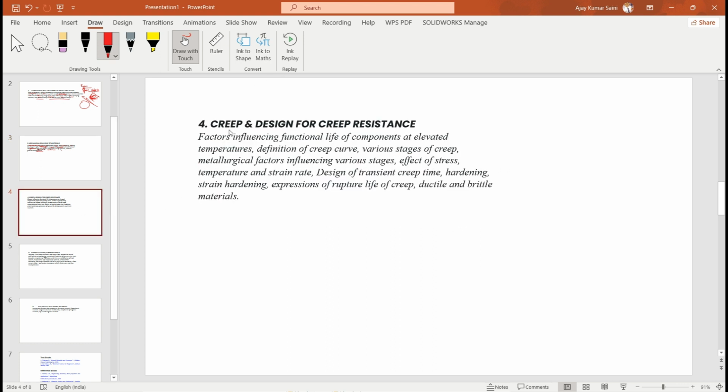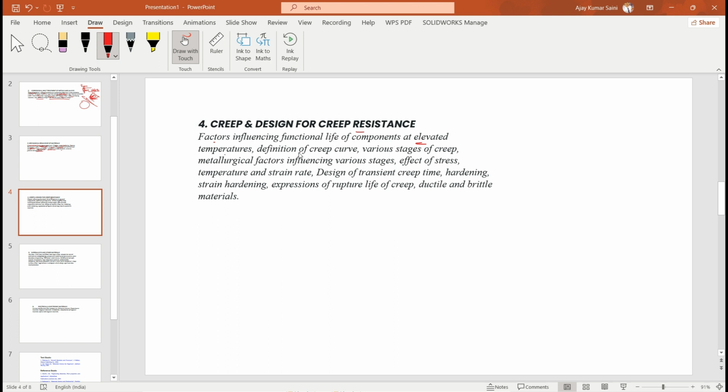And it is our chapter 4. In this we discuss mainly on the creep. Okay, so creep and the design of the creep resistance. So in this chapter we discuss about the factors influencing functional life of the component at elevated temperature.